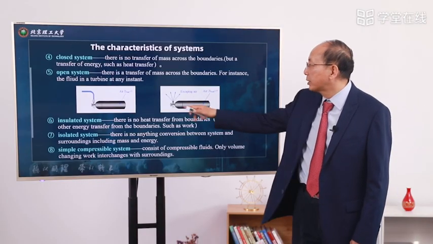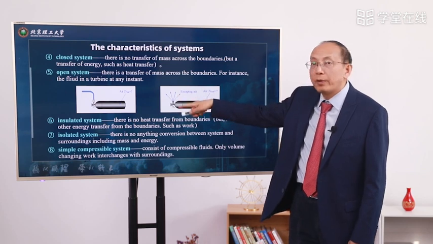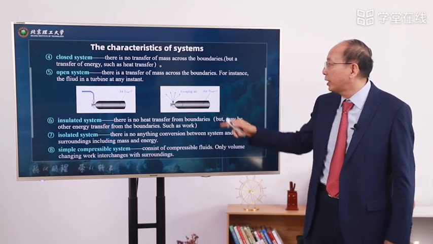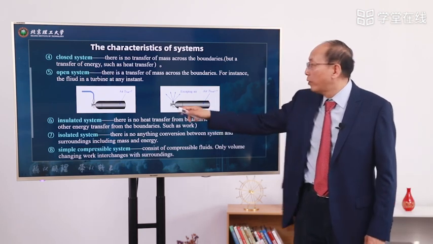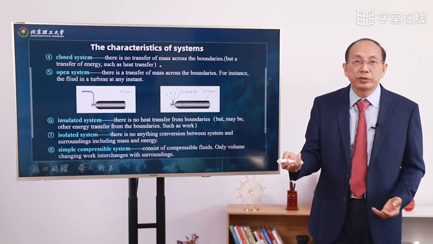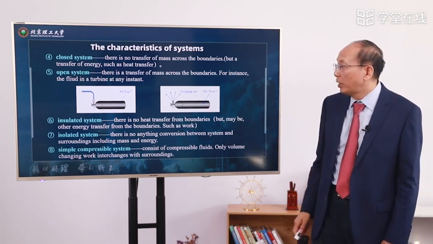Like this, here is a tank. Some mass is escaping, so we can say this is an open system. When the valve is closed, no mass passes out. We can think this system is a closed system.